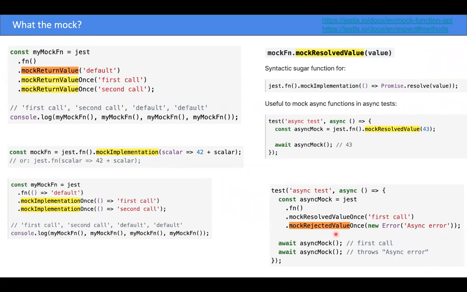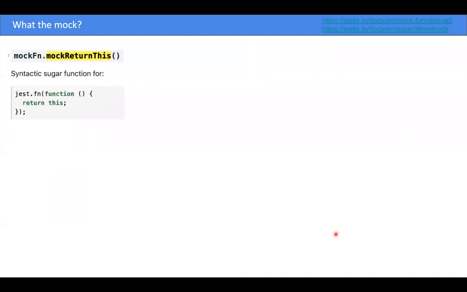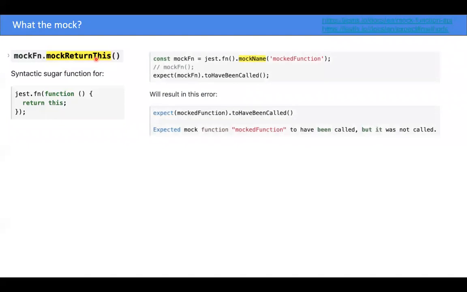I'm sure you can extrapolate and understand the other cases as well without me explaining. If you want to return this element in JavaScript, you can use this helper function. Okay.